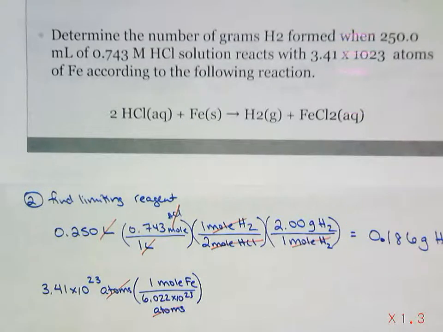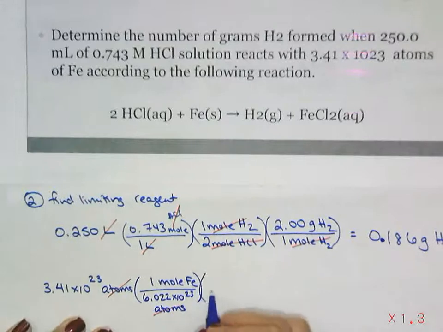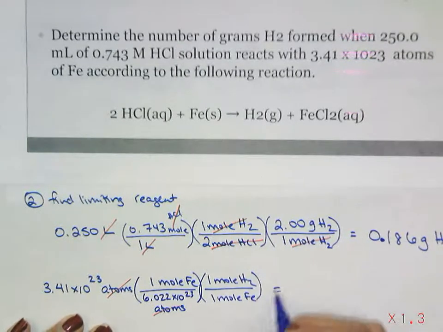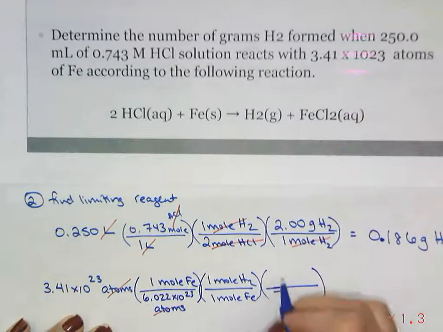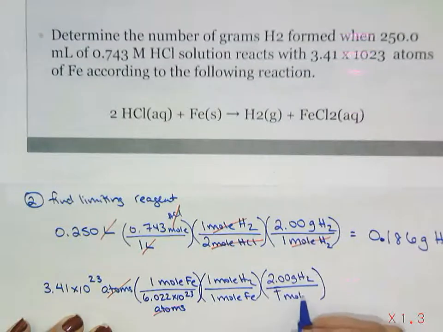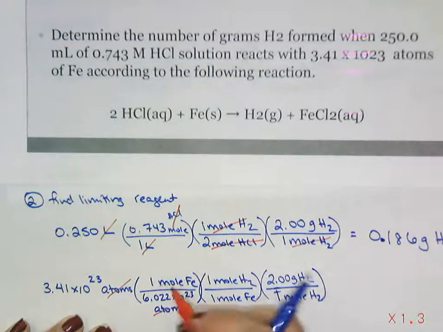1 to 1. So you could not write this down. I wouldn't recommend that. And then do the same last step. 2 grams of H2 per 1 mole of H2. Moles and moles and moles and moles.